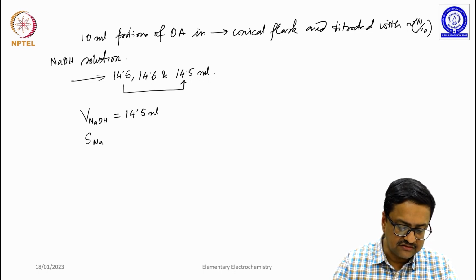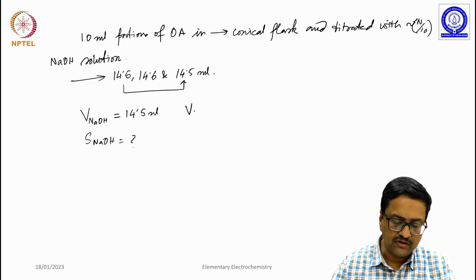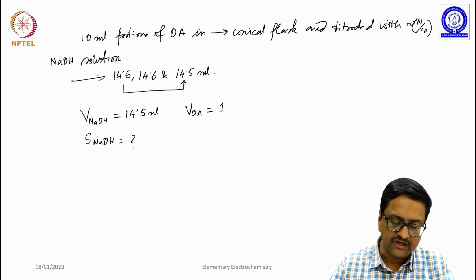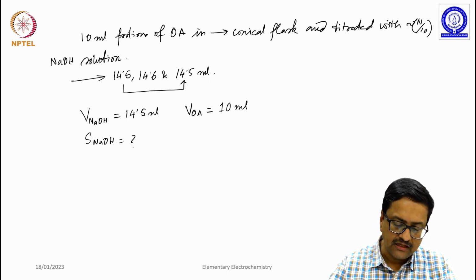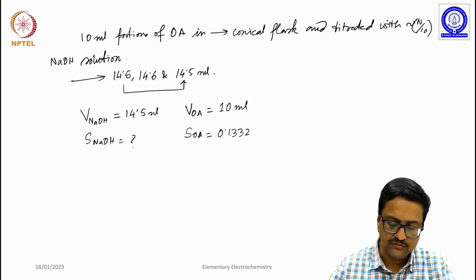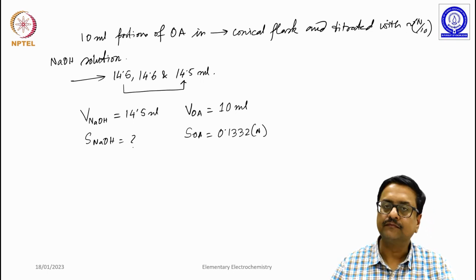S NaOH is unknown. Volume of oxalic acid we took using a pipette of 10 ml volume and the strength of oxalic acid that we prepared is 0.1332 normal.